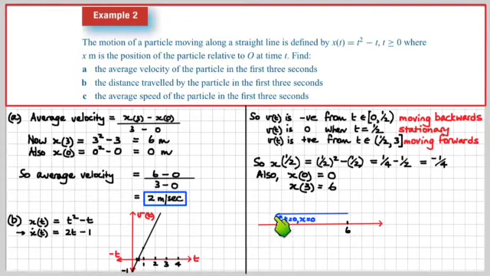It goes backwards to minus a quarter when t is a half. And then it moves forwards, as this graph indicates here, getting faster and faster, from t is a half up to t is 3, where it reaches 6 meters from the origin.